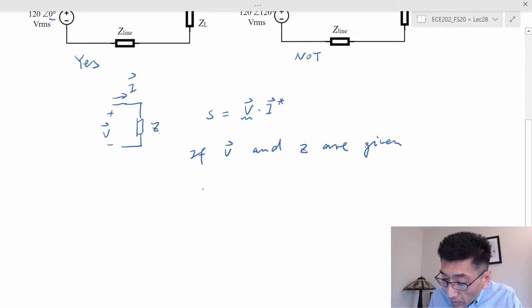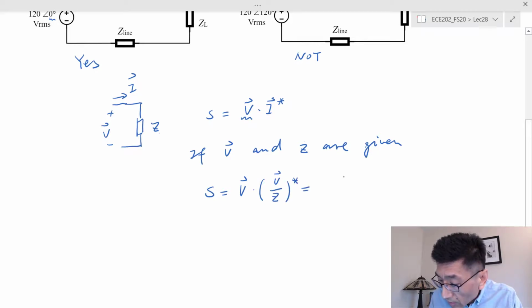Then we replace the I by V over Z, right? So we have V times the conjugate of V over Z, and if you conjugate the ratio of two complex numbers, you can take the conjugate first and then take the ratio.